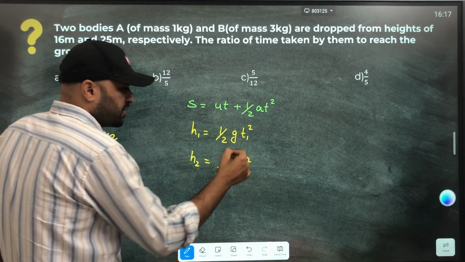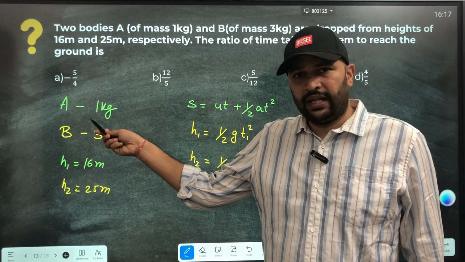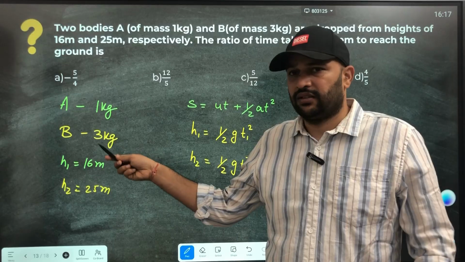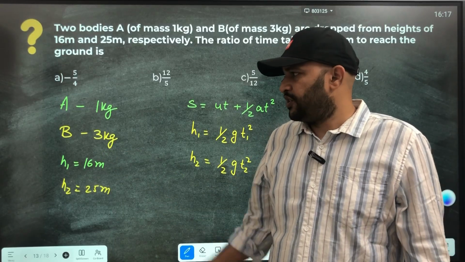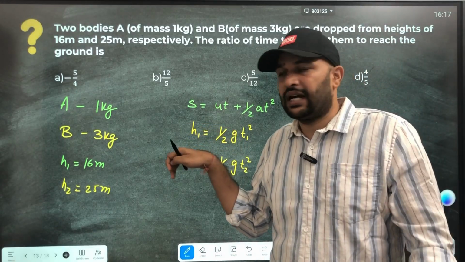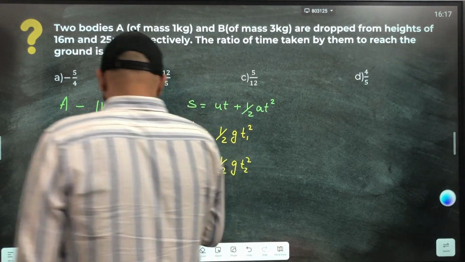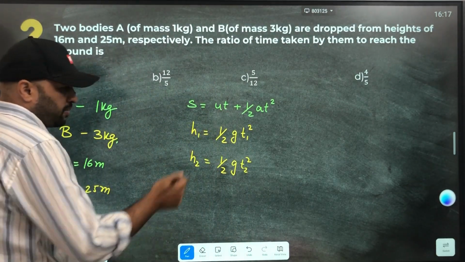From these two equations, we are clearly seeing that A and B, 1 kg and 3 kg, doesn't matter. Mass doesn't matter. If you are releasing something from the same height, the time taken is the same, regardless of the mass. But in this particular case, the height is different, so the time periods will be different.